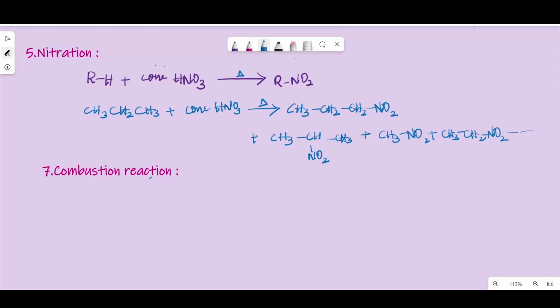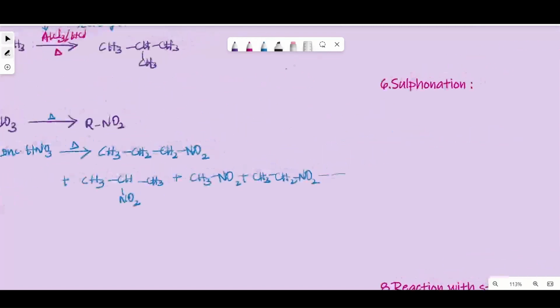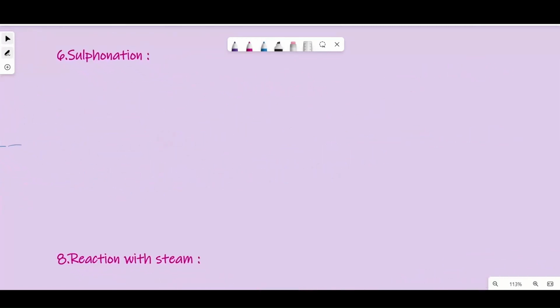So let's see another method, that is sulfonation. Let's see one example, RH in the presence of concentrated H2SO4. In the presence of heat, you will get alkane sulfonic acid, that is RSO3H. In this also we will get a mixture of products.